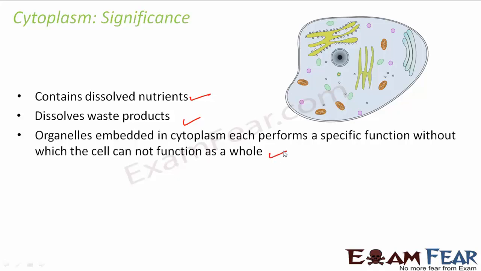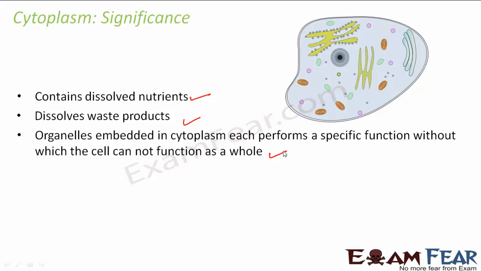Because as I mentioned, the cytoplasm provides a platform where different cell organelles can stay. Now each of these organelles performs a very specific function, right? And if these organelles do not perform that function, then the cell as a whole will not be able to perform a function. If the cell does not perform a function, the living organism as a whole will not be able to perform its functions, right?